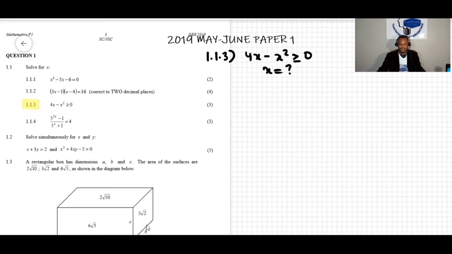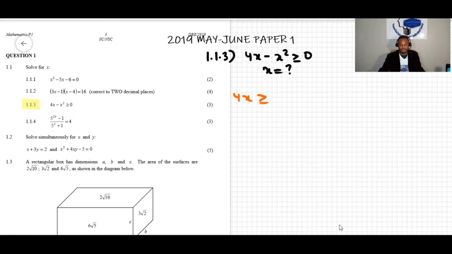So what can we do here? Before I do that, let me warn you of something. Usually, some people solve this problem by writing 4x greater or equal to 0.